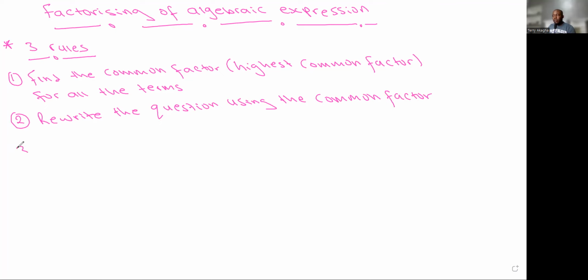Then the last step is that you bring the common factors together. So you bring the common factor out and you leave the rest of the terms in the brackets.